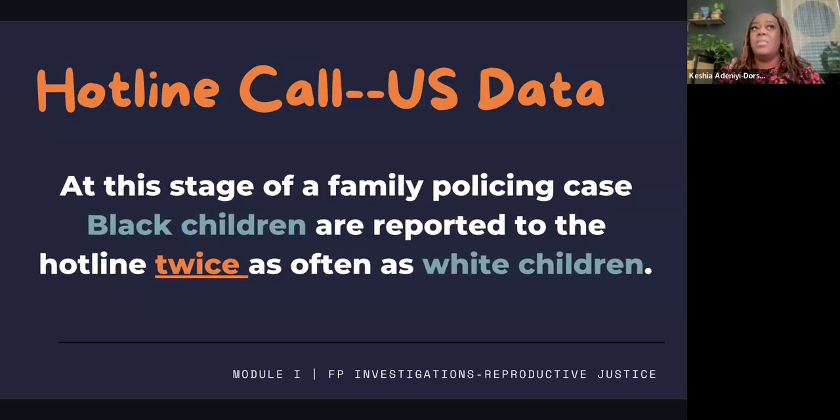And then at this stage of the family policing case, and when I talk about the stages of a family policing case, I'm talking from the moment of the hotline call to a petition being filed in court to the case resolving, okay? So just this very part, what we call the front door of the system, Black children are reported to the hotline twice as often as white children.